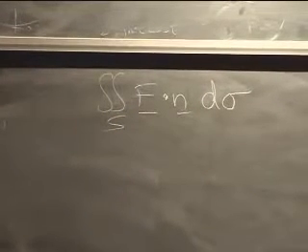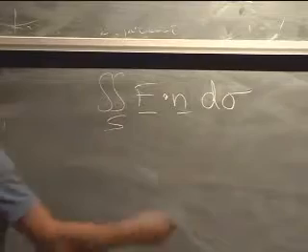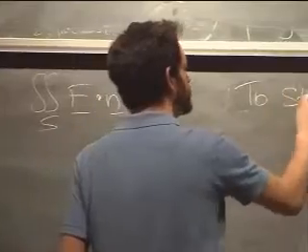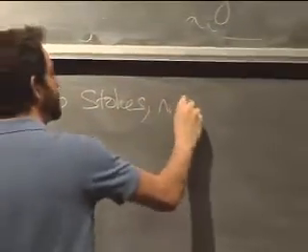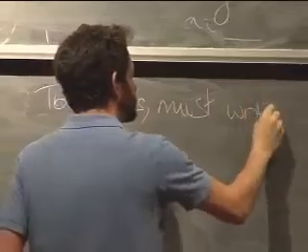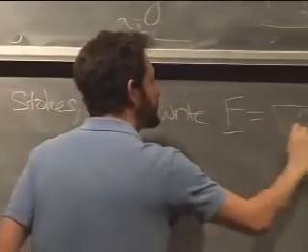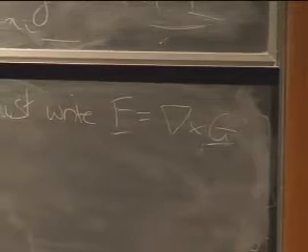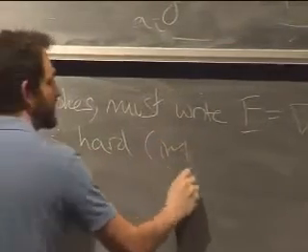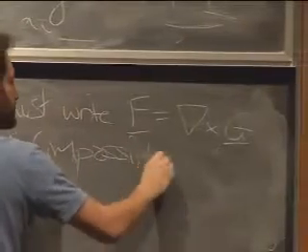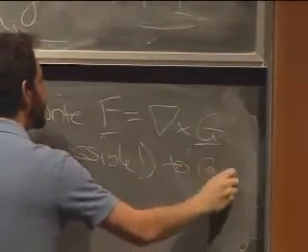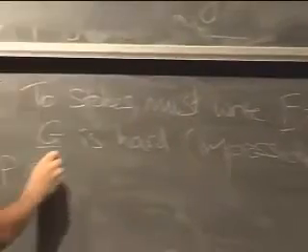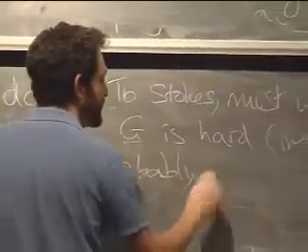Stokes involves a flux integral, but it's not just an ordinary flux integral. To use Stokes, you must write F is the curl of G. And G is hard to find, basically impossible in general to find. So probably you need the divergence theorem, which doesn't require that.